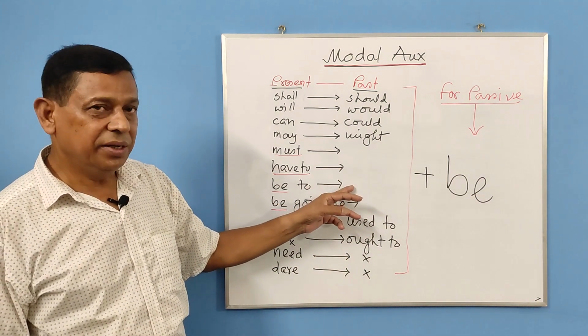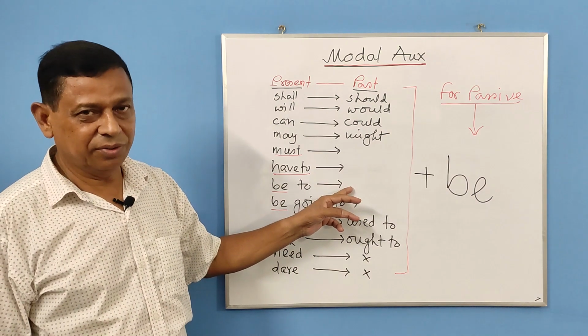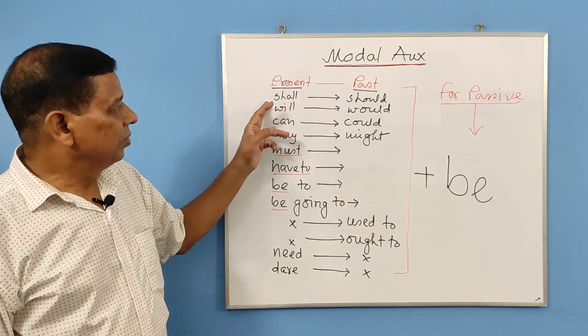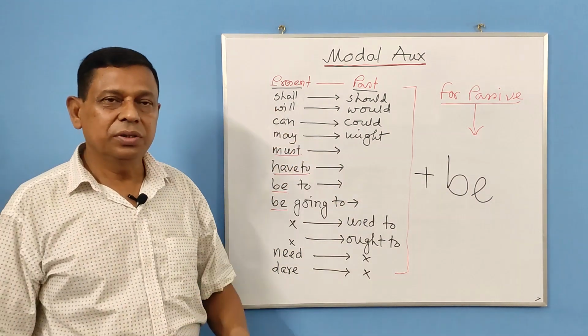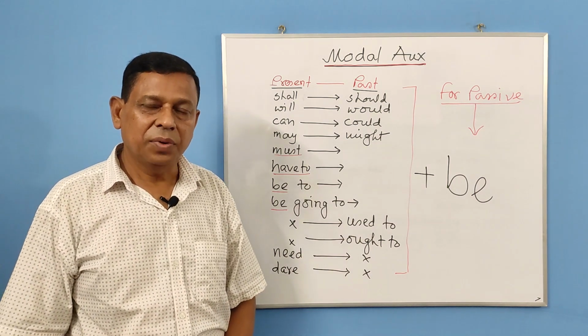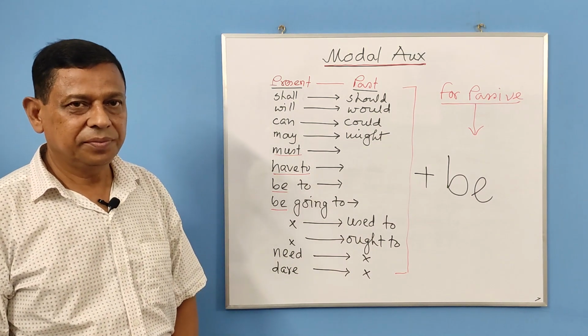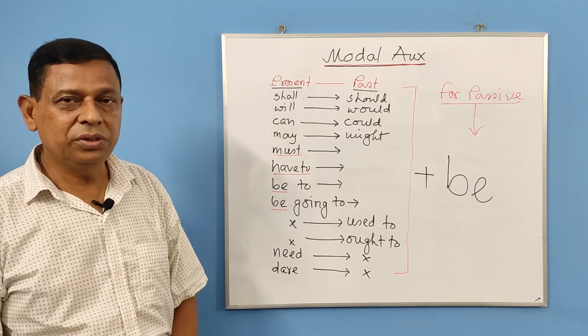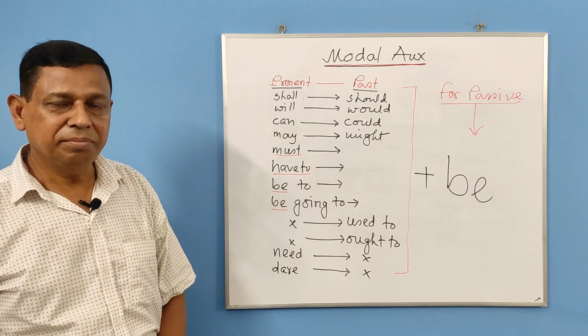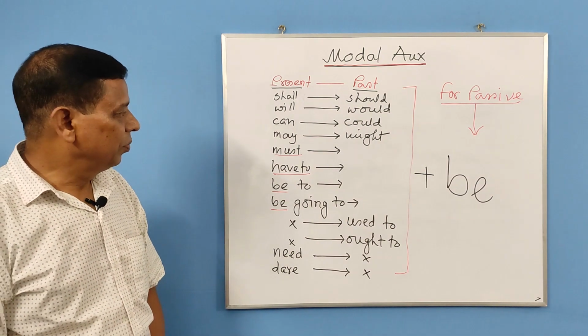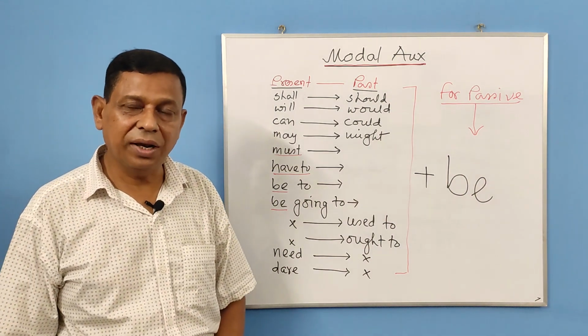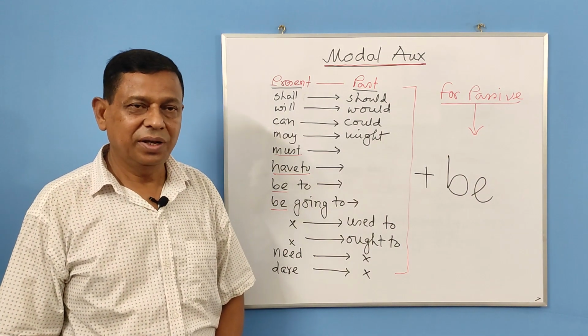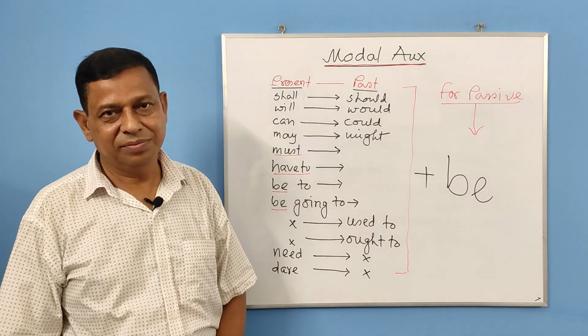Something is not written here, I will tell you later on. Shall, should, will, past form is would, can, could, may, might. For must, I didn't write a past form, and for have to as well.